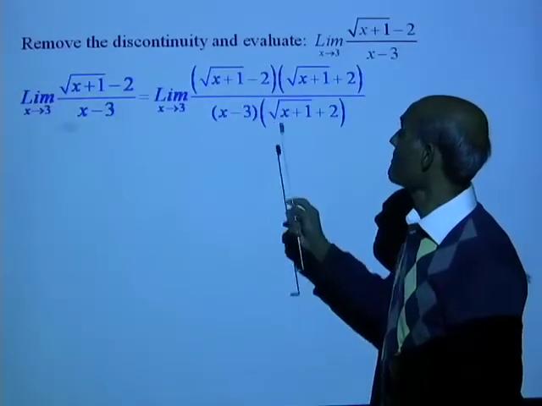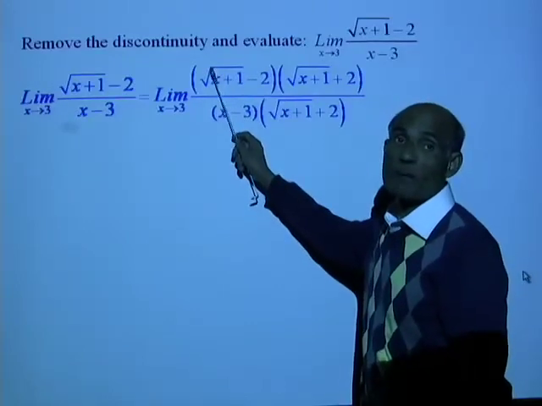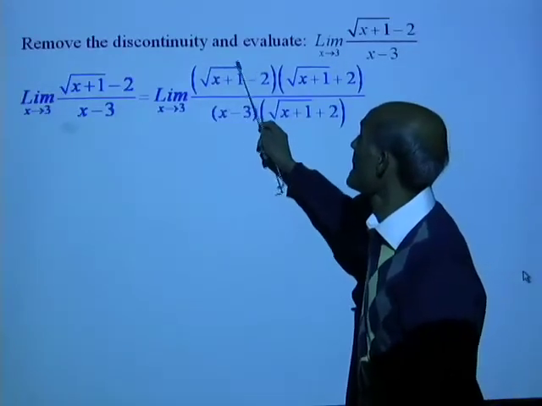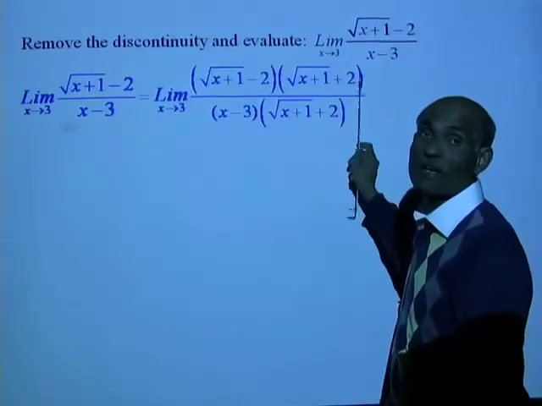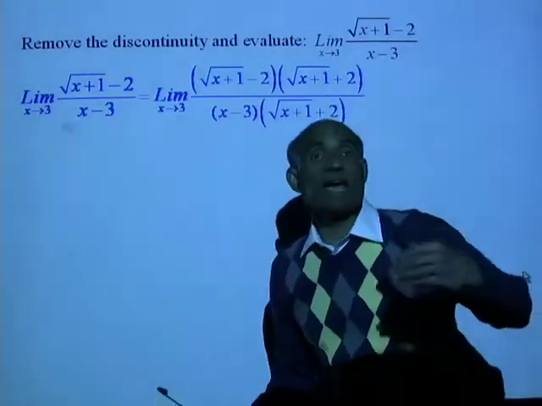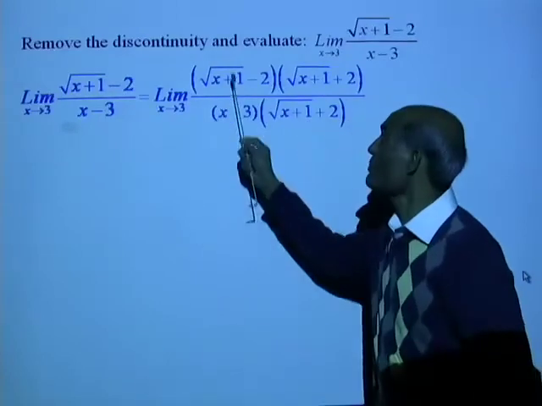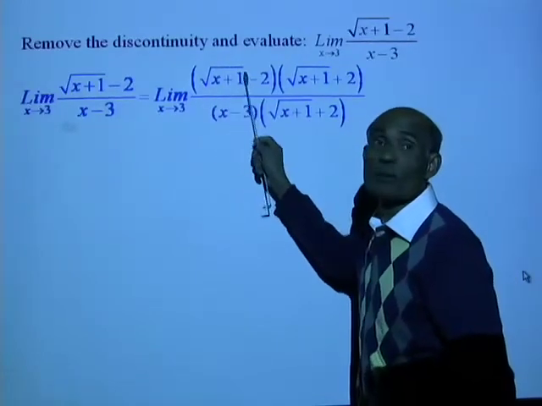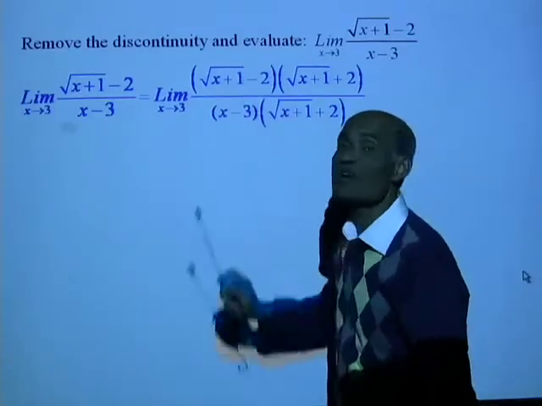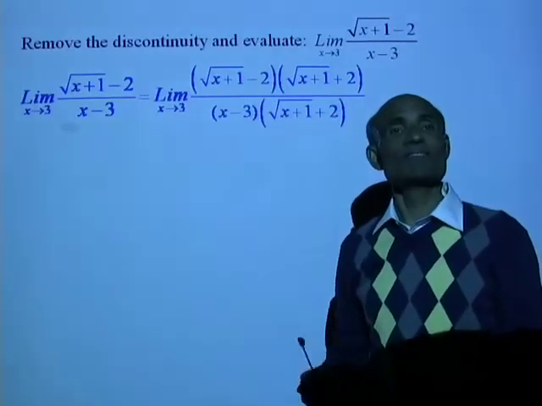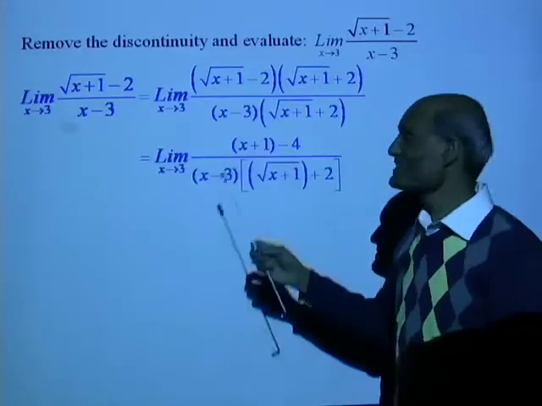And now, what is the numerator now? Can you tell me? This is a minus b times a plus b, and it will be a squared minus b squared. The square of this minus the square of this. What is the square of square root x plus 1? It is x plus 1. That's right.